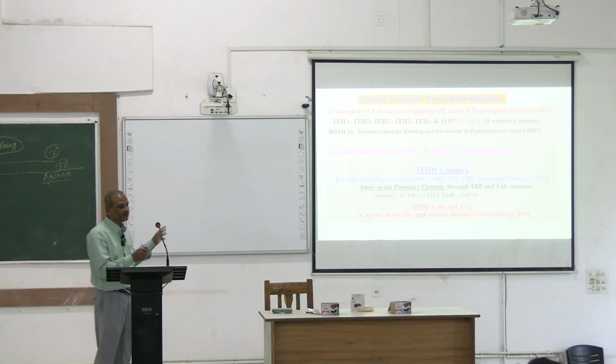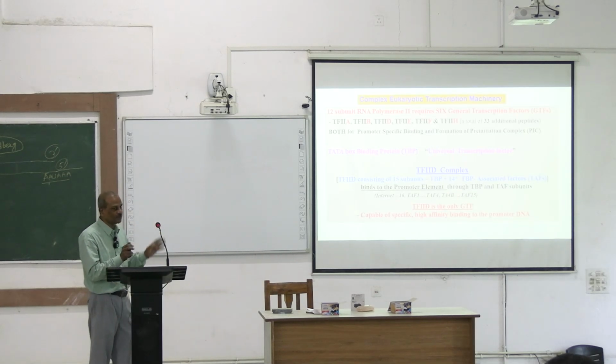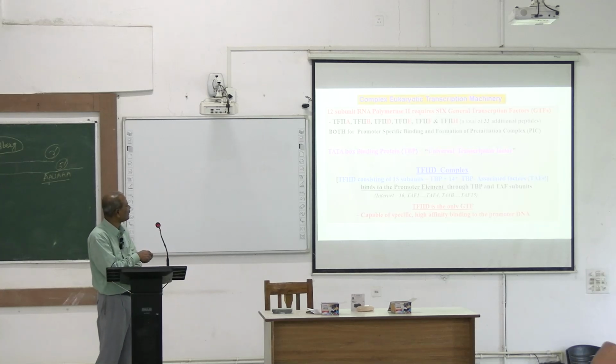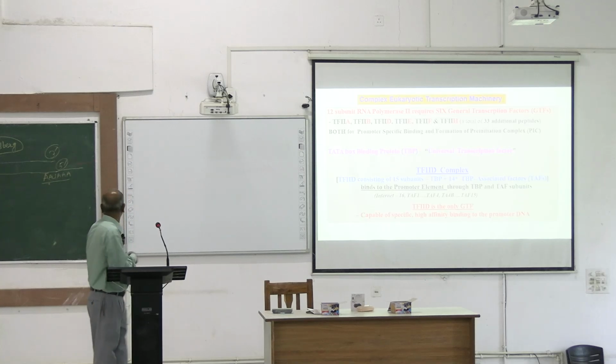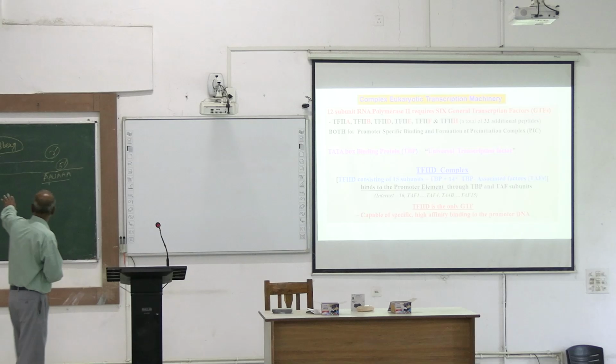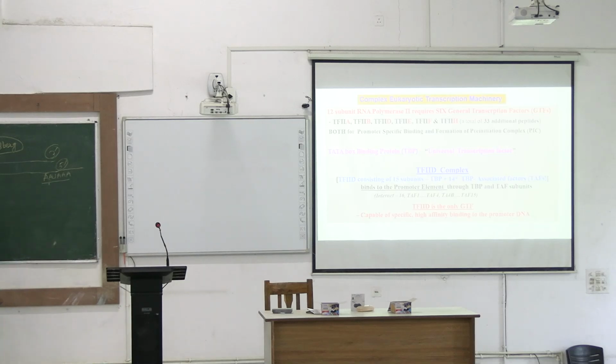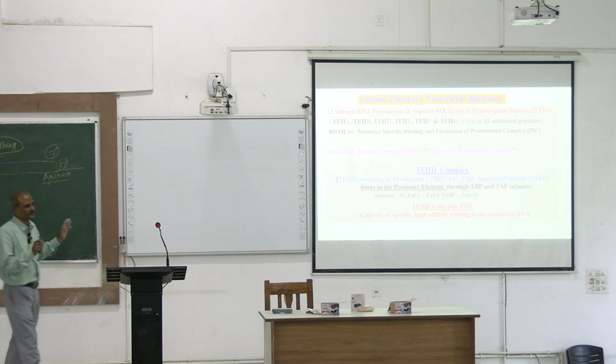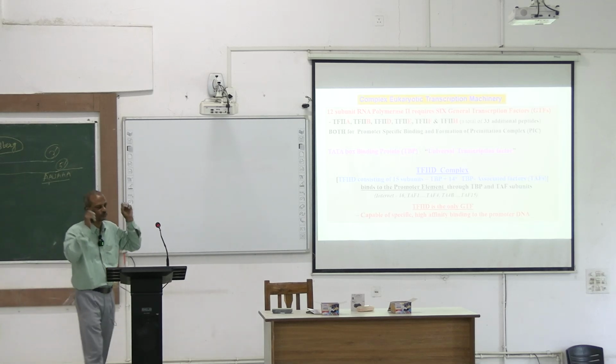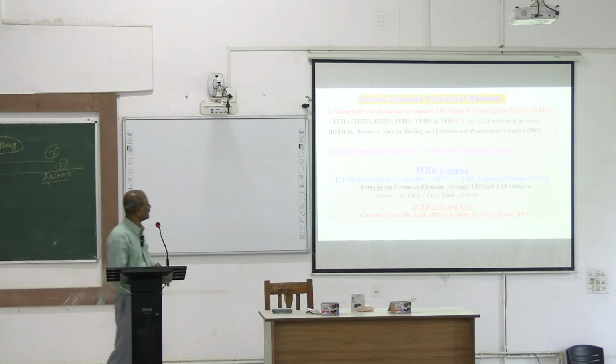So it is a complex transcriptional machinery, as I told you earlier. The 12 subunits of RNA polymerase require 6 transcription factors. The TATA box is bound by the TATA binding protein. The TBP is a universal transcription factor because the TATA box is there in all mRNAs.